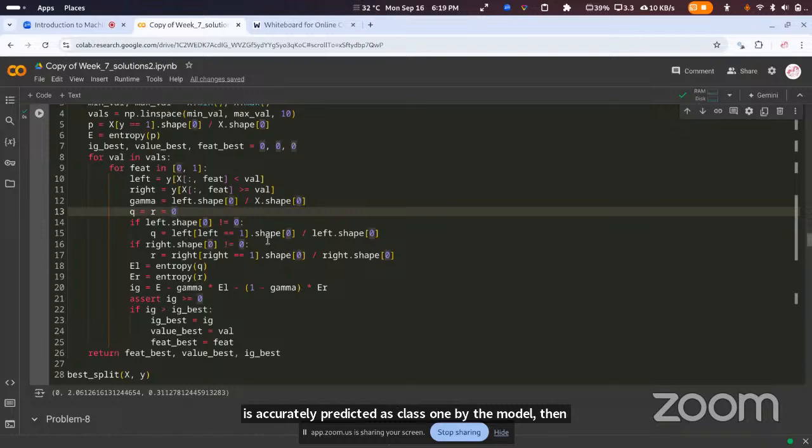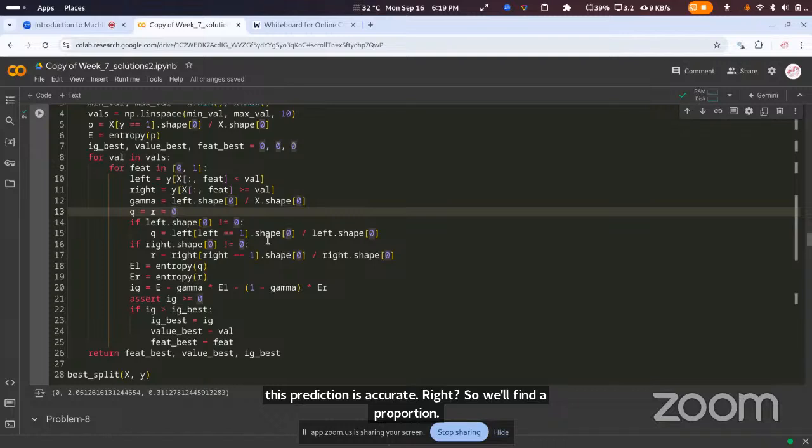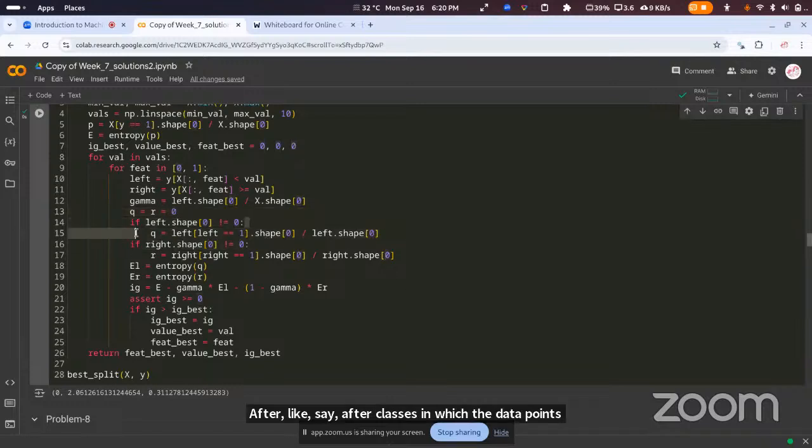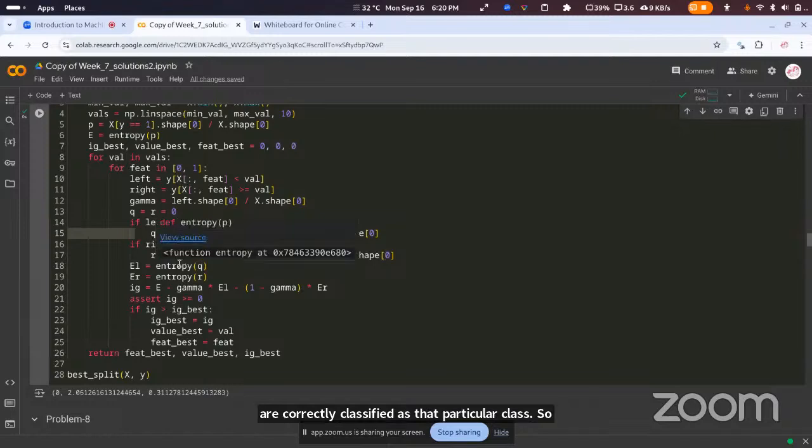So we'll find the proportion of the points that are correctly classified as that particular class. We are basically finding that proportion here. This is for the left class. In the previous example, we took, I think, 50 by 100. That is, 50 points belonging to class 1 were correctly classified as class 1, and the total number of points was 100.